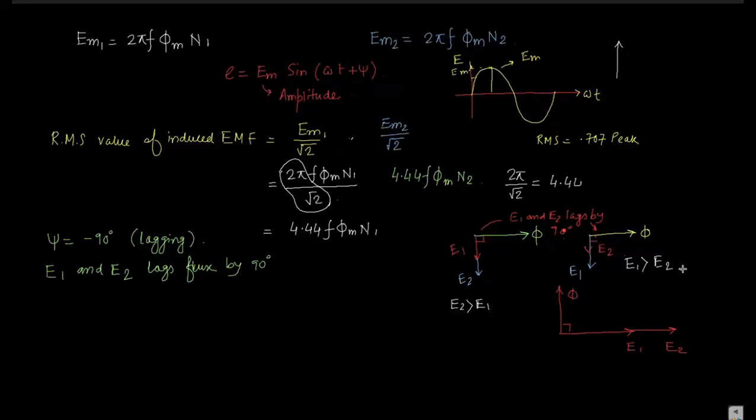So we can say another thing: phi m is nothing but Bm into A1, that is the area of the conductor of the primary side. Is there any mistake I have done? This is B dot A, I think.